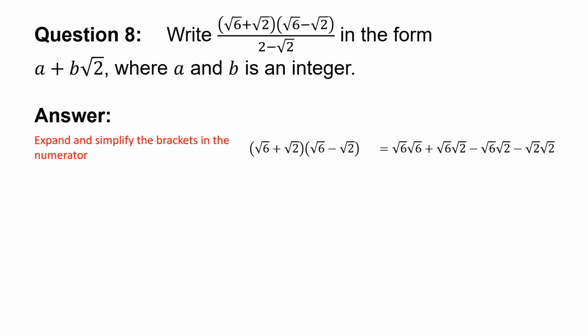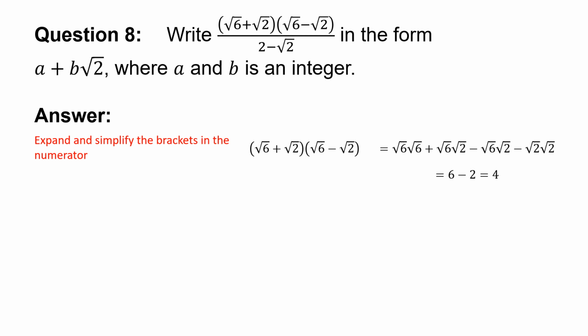So we can simplify this. Root 6 root 6 is 6. The root 6 root 2 terms cancel out. And then root 2 root 2 is just 2. So we have 6 minus 2 is just 4.